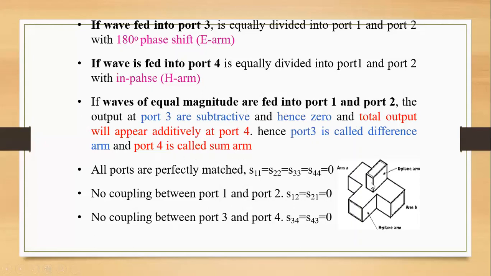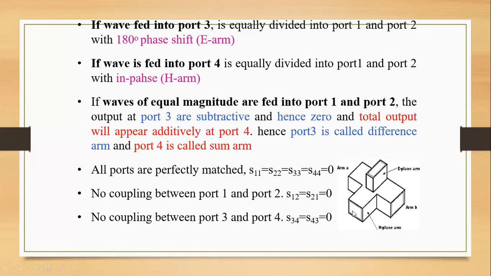That is, till now we have spoken that E-plane will be given input, H-plane will be given input. Anywhere you can give the input. Suppose if you give the input to port 1 or if you give to port 2. Here, since E-plane is with respect to difference, this port 3, if you consider, it will be the subtractive port.